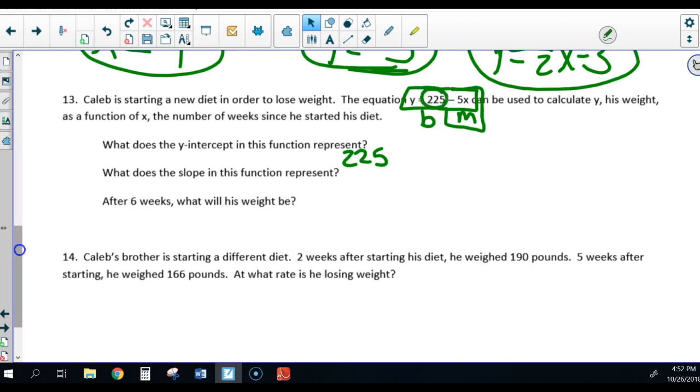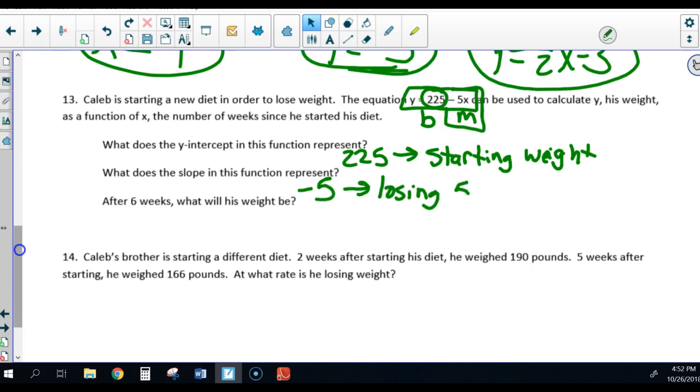So the 225 is where he started, his starting weight. And that leads into the next question. What is the slope? Well, -5. That means he's losing 5 pounds per week.